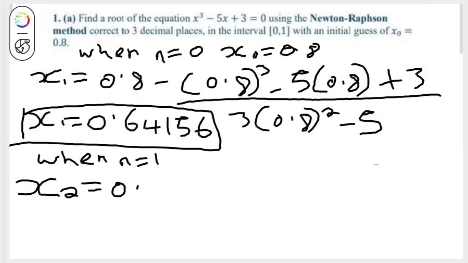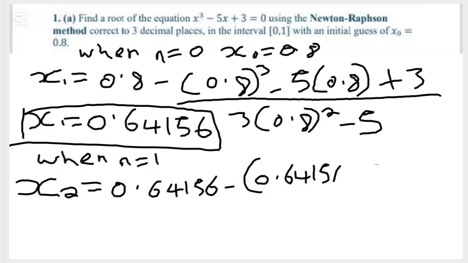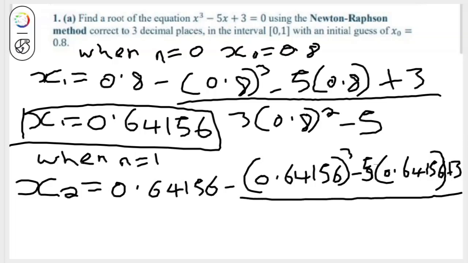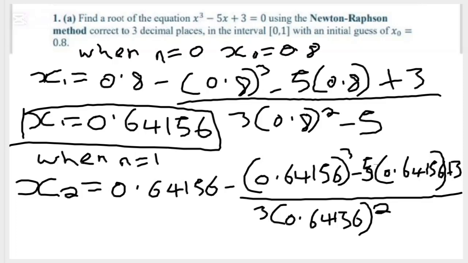So I will say 0.64156 minus 0.64156 to the power of 3 minus 5, and also plus 3, and divide it by 3 multiplied by 0.64156 squared minus 5.